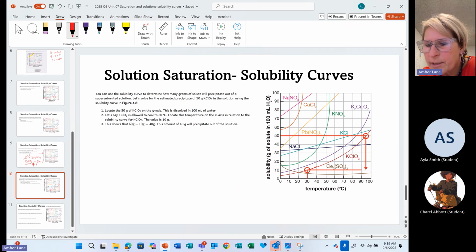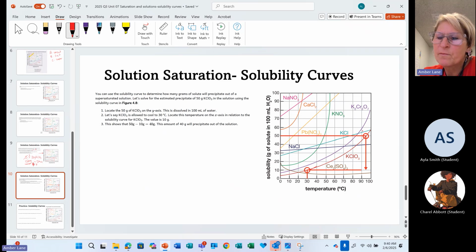What is that, 90 something degrees, right? And then it says, let's say it is cooled to 30 degrees. Locate the temperature on the x-axis in relation to the solubility curve, and the value is 10 degrees.